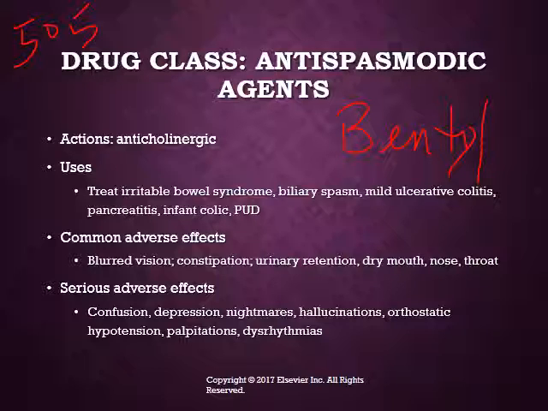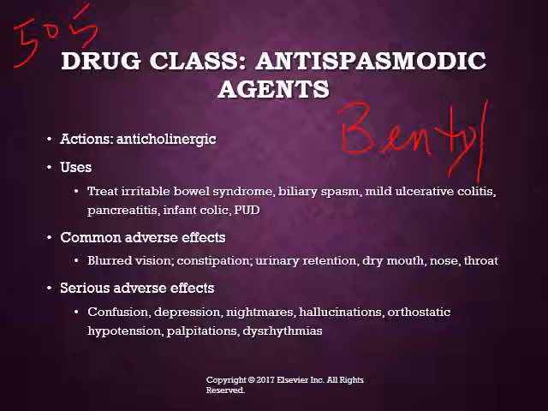So think about your cholinergic receptors. We know that the parasympathetic innervates the GI system. Remember, your parasympathetic is your rest and digest. So parasympathetic and your cholinergic receptors promote digestion. So if we are inhibiting our cholinergic receptors, we're reducing the cholinergic effects in the GI tract.